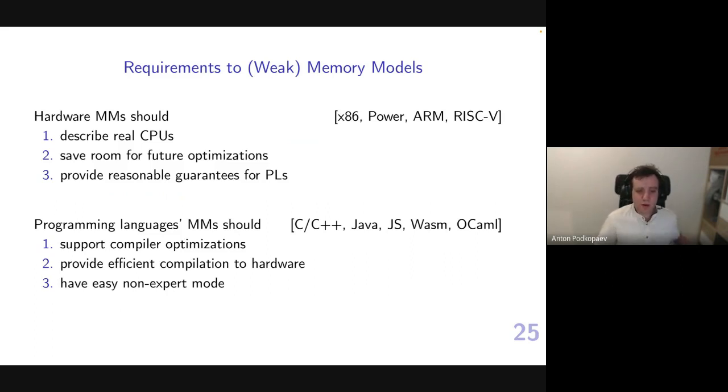So what about programming language memory models? As we already saw, compilers do some optimizations. So if we want the optimizations to be correct for the language, we need to allow them, and it pushes the memory model to be weaker to allow more behaviors. The second requirement is that we would like to provide efficient compilation to hardware, and that essentially means that the memory model of a programming language should be weaker than the memory models of target architectures.